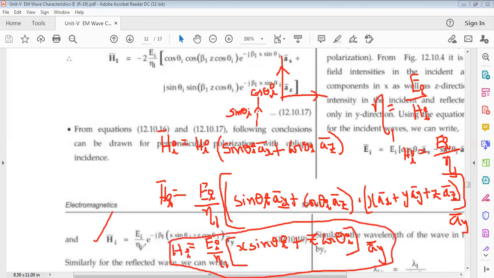HI bar is equal to EI by eta 1 e power minus j beta 1 into something. What it is: HI bar is equal to HI into e power minus j beta 1 into ANI bar dot R bar into AY bar.